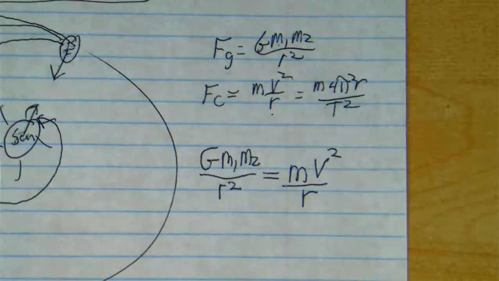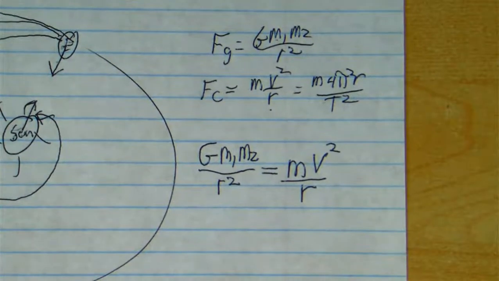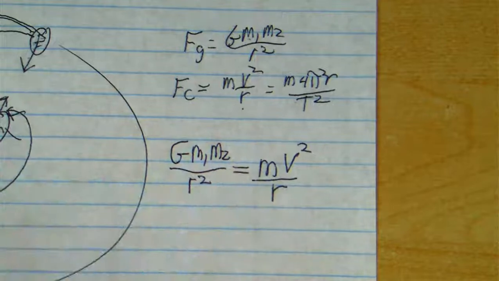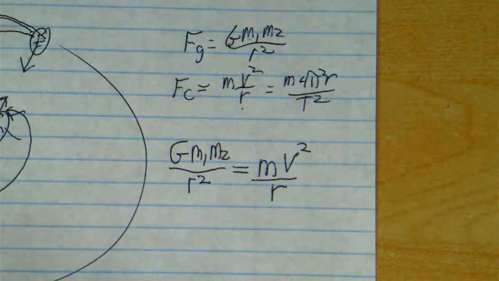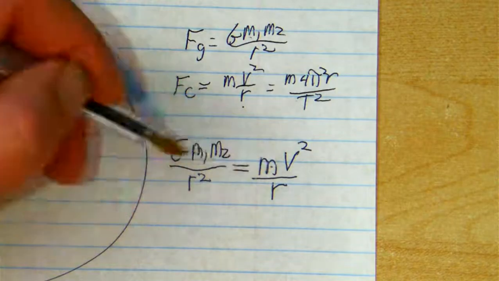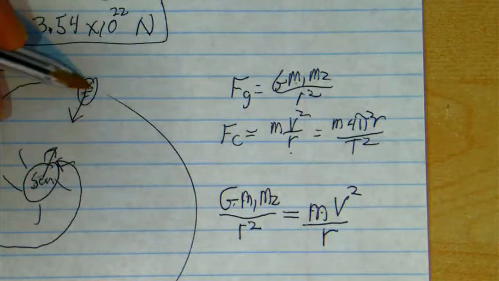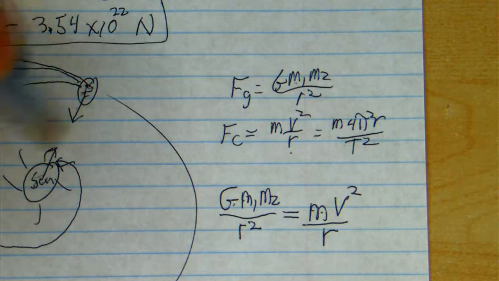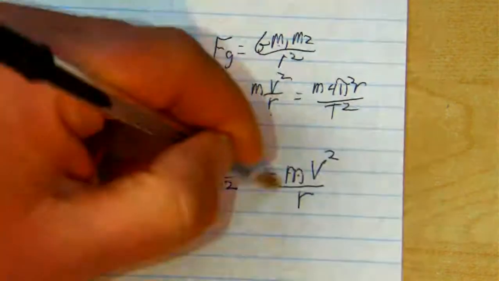As you look at this new expression, you should notice that one of the masses is going to cancel out. In the situation of the Earth going around the Sun, it's going to be the Earth.